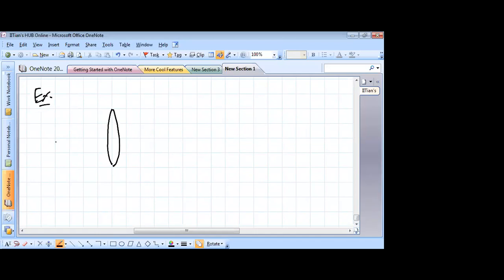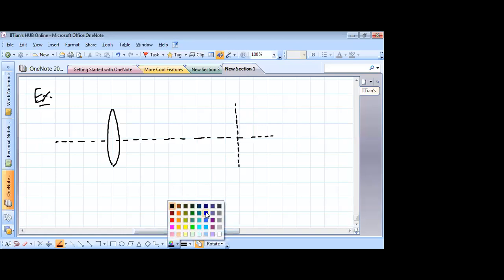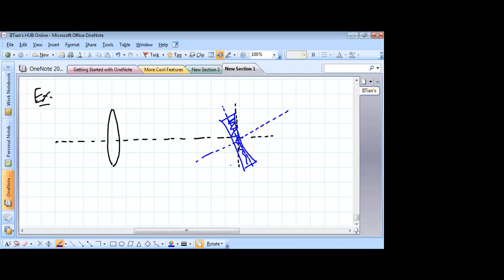We have a convex lens, and now placed over here a concave lens, but the concave lens is placed like this, where its principal axis is this one.